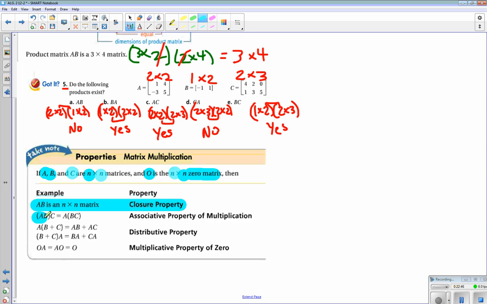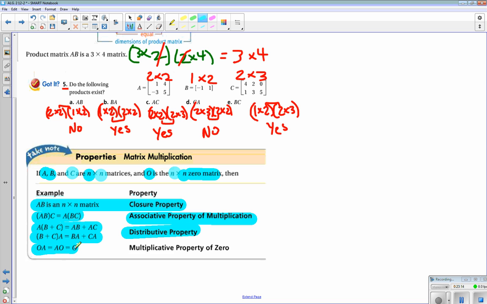It doesn't matter, because they're all the same size, which order I multiply it in. That's the associative property of multiplication. One matrix will distribute out to the other two matrices if we're adding, as well as whether it's forward or backward.